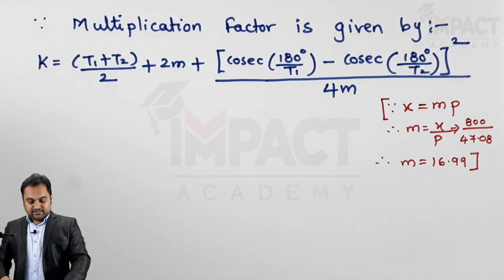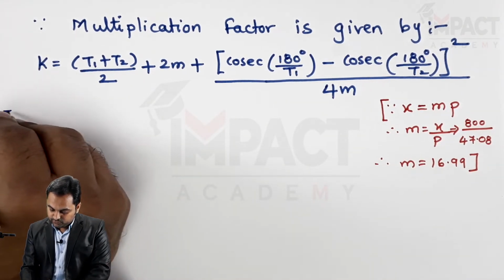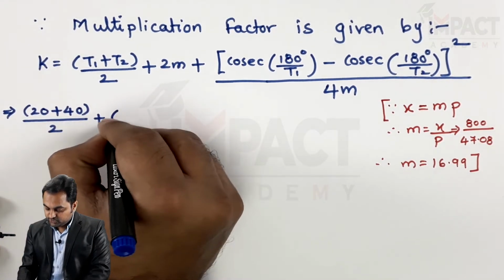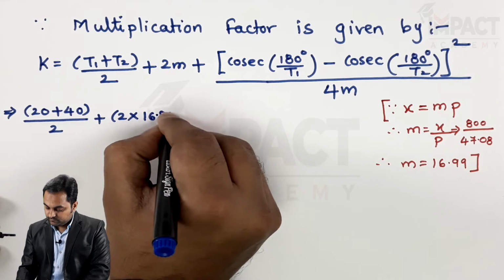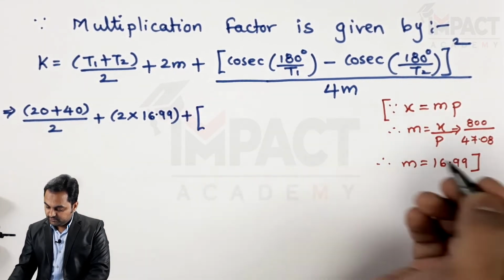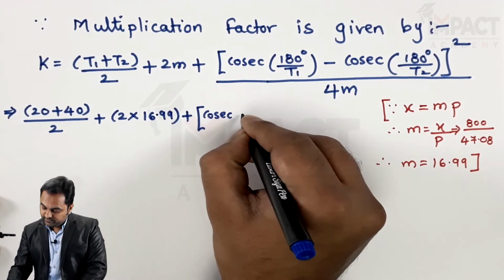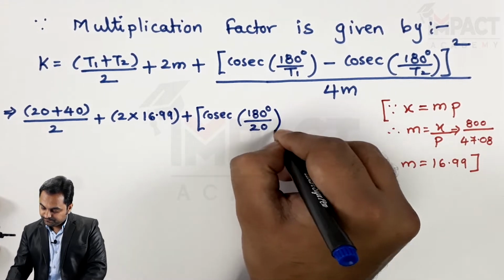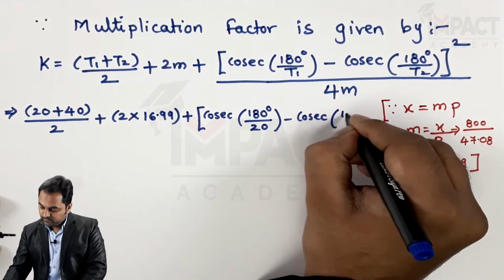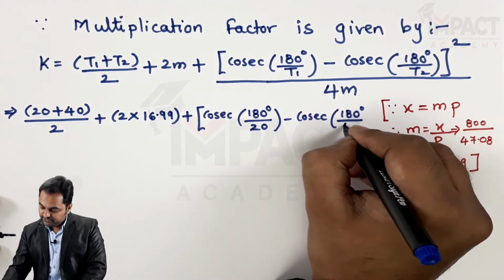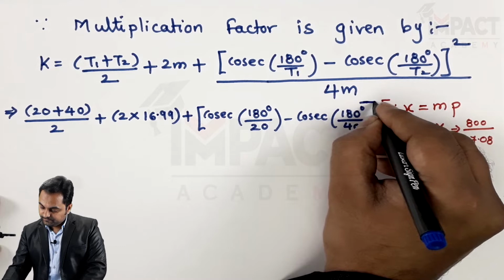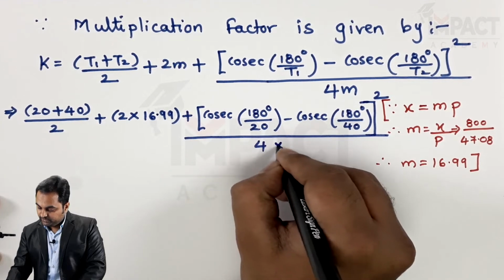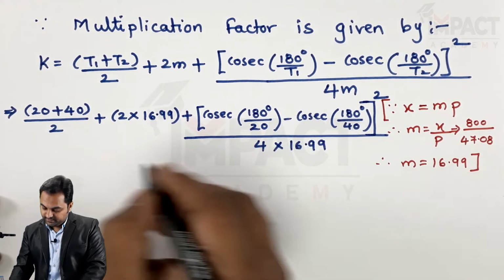Now I'll just go on putting the values in this formula of K. So we have T1 value is 20, T2 is 40, plus 2m, plus into bracket cosec 180 divided by T1 minus cosec 180 degree divided by T2, which is 40, the whole square, divided by 4 into m, which is 16.99.